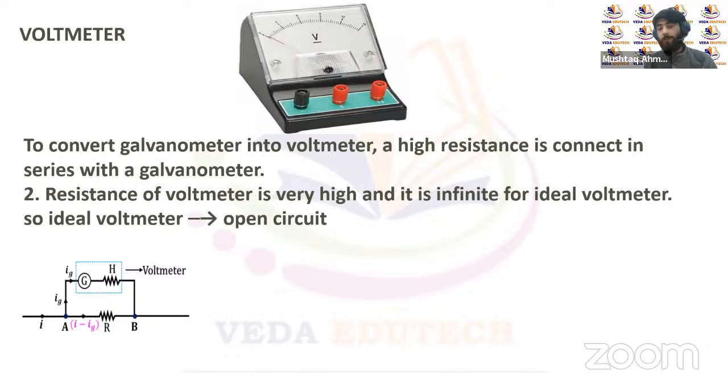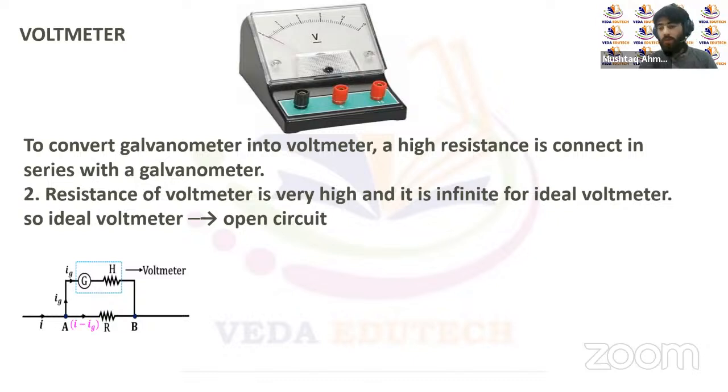Because if we place a voltmeter of very low resistance, then it is definitely going to consume some current through it, right? And it will consume some potential drop as well. It means that wherever we place a voltmeter parallel to a given resistor, the potential drop measured by the voltmeter will be different.